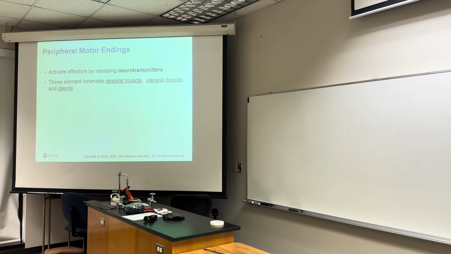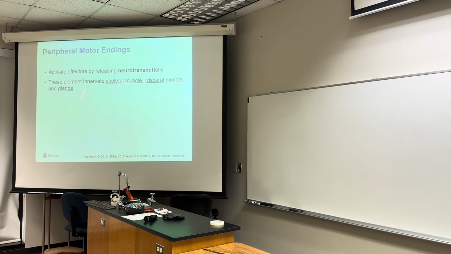Now let's talk about the peripheral motor ending. This is something we have been talking about for a long time, right? We know that the language of your brain, the language of your nervous system is what? Releasing the neurotransmitter. So they release the neurotransmitter to either stimulate your neuron or inhibit, right?